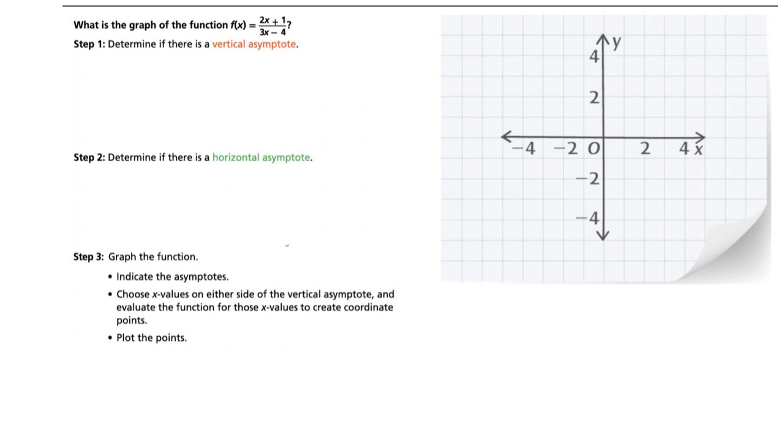All right, so now we're going to use the vertical asymptote and horizontal asymptote to try and sketch a graph. Step 1 is to start by finding the vertical asymptote. So 3x minus 4 equals 0. So 3x equals 4, and x equals 4/3 is our vertical asymptote. We find x equals 4/3, which is about here. Next is finding the horizontal asymptote.